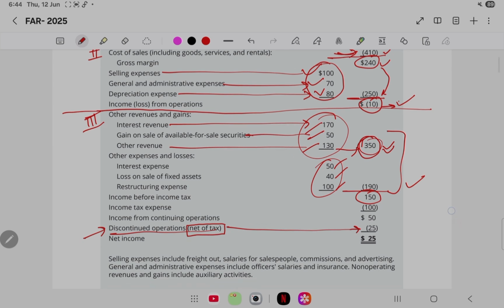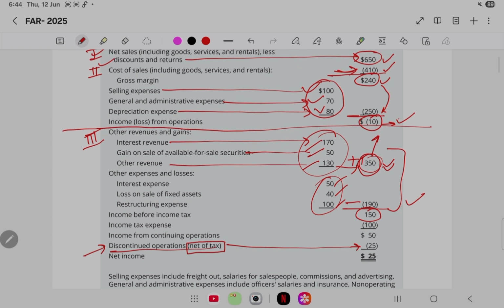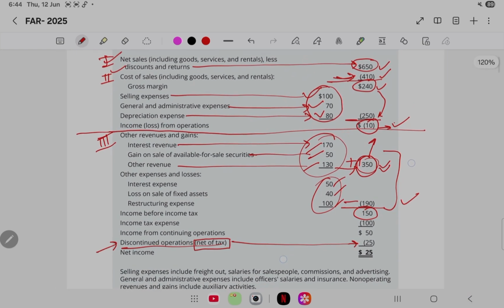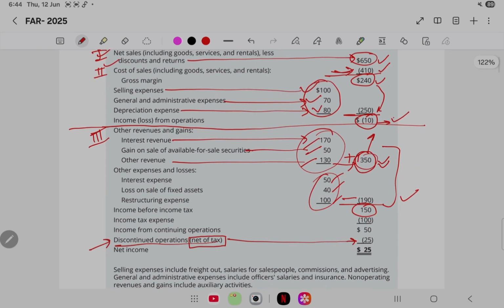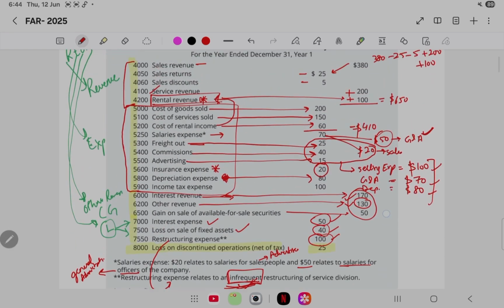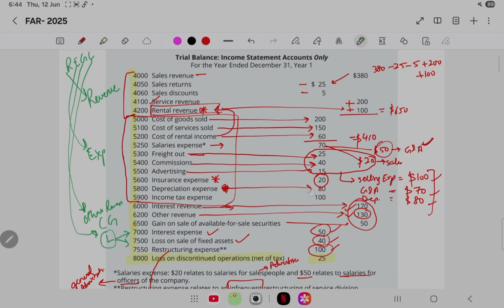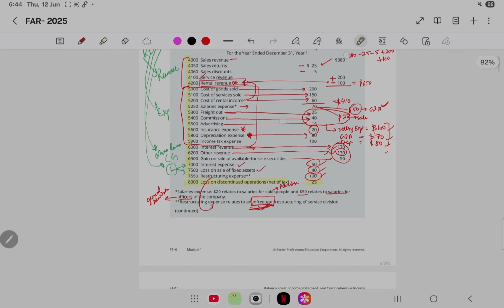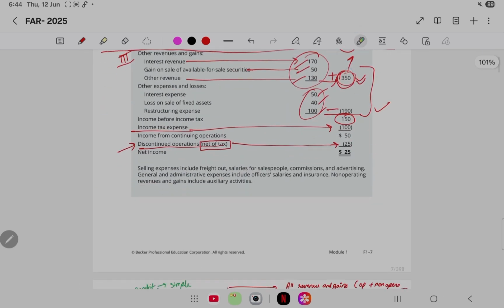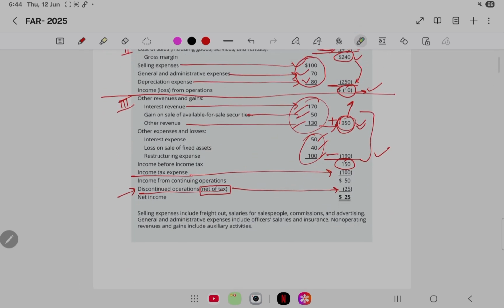Now we will add to this and subtract from this. Now all the expenses we have done. After that we will subtract the income tax expenses, that is rupees 100. It has also been written here. And we get the total profit.